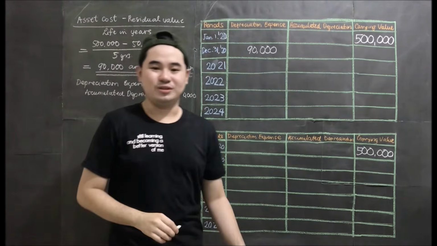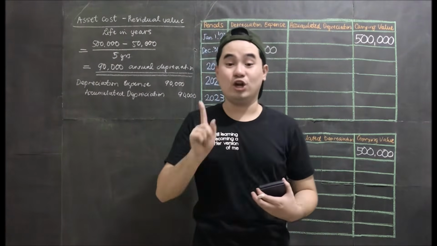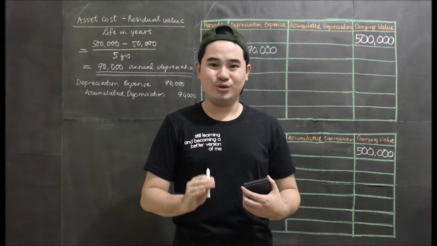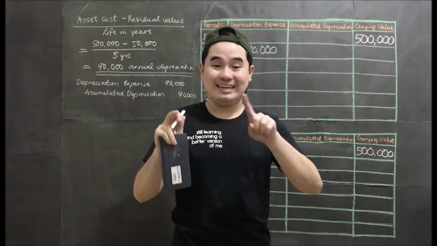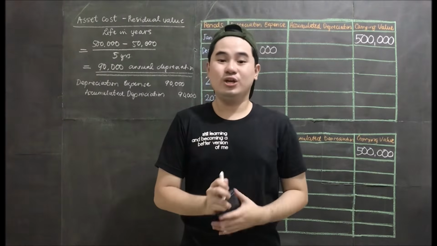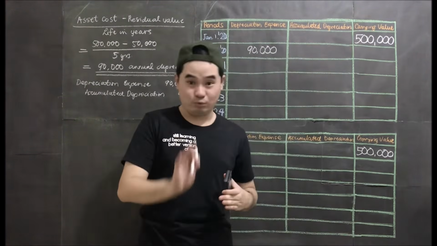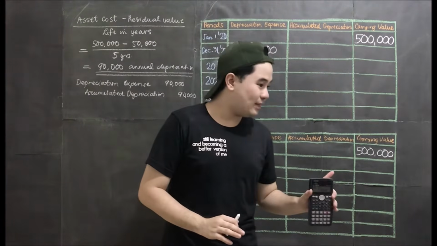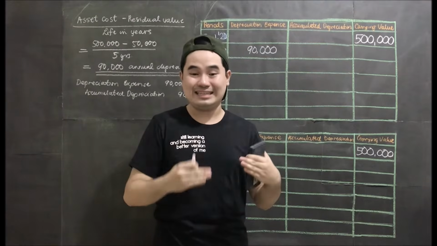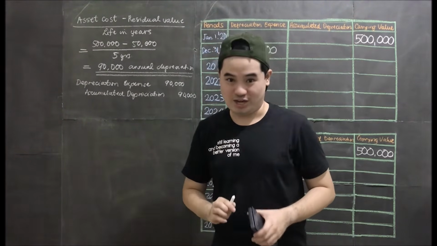accumulated depreciation. The account accumulated depreciation, this one is a contra asset account. When we say contra asset account, it is also an asset account, but it deducts the value of the related asset. So in this case, our example is an equipment. So the equipment has a cost of 500,000, then it will decline its value by deducting the amount of accumulated depreciation.